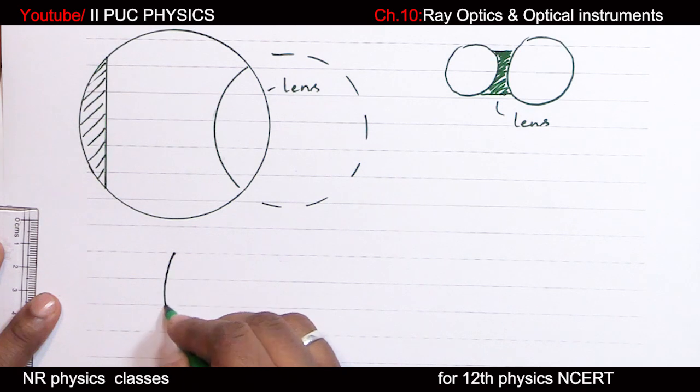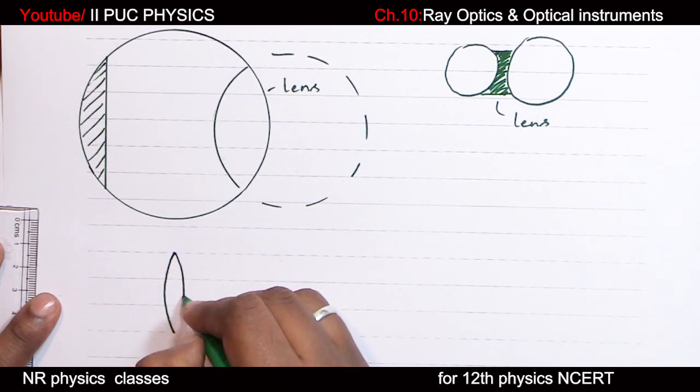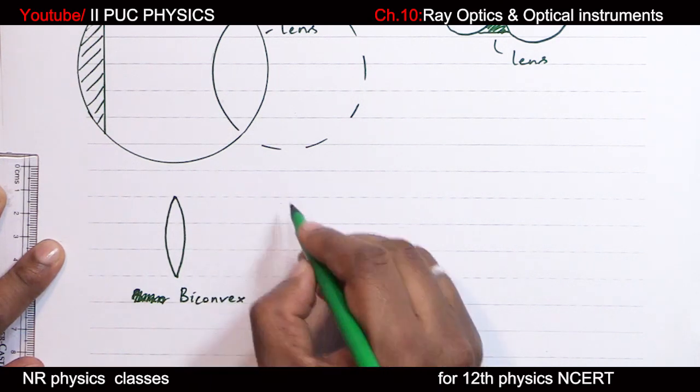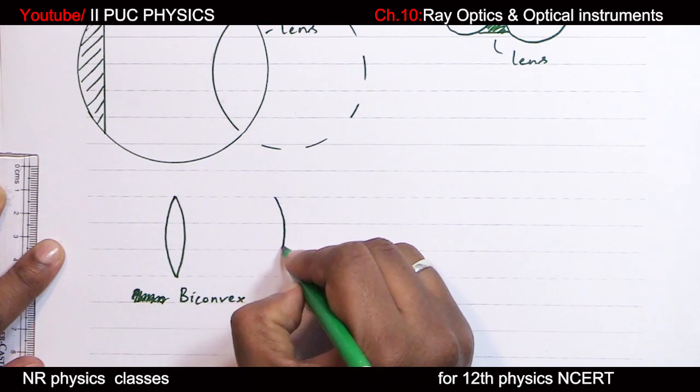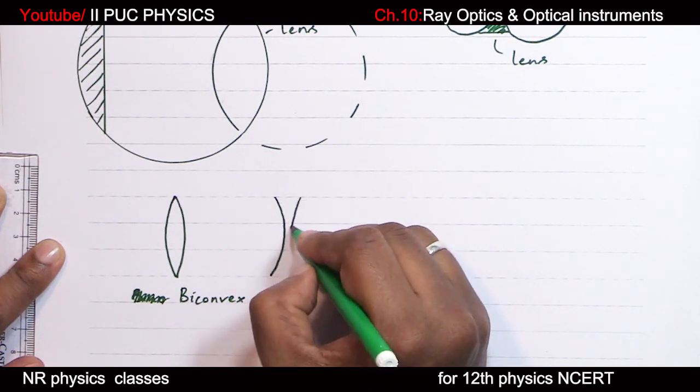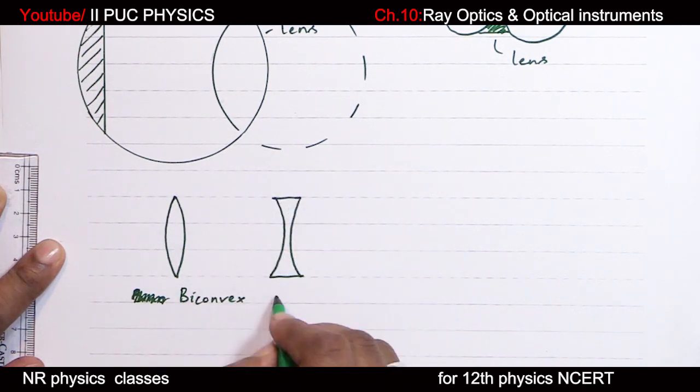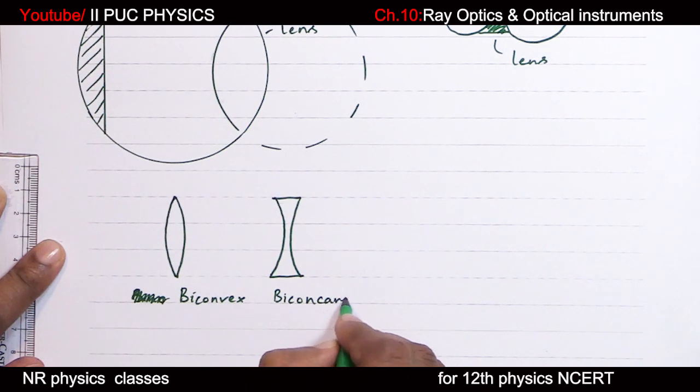So this type of lens is a biconvex lens. If a lens has two concave surfaces, it is biconcave.